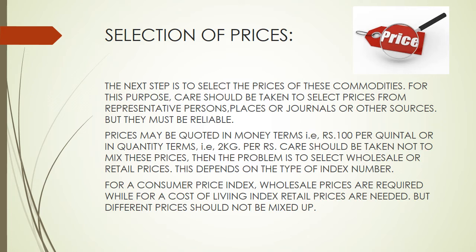But the cost of living is dependent upon retail prices. Like, we don't always buy at wholesale prices, right? Most of the time we buy at retail prices. So wholesale and retail prices are two different things, so they shouldn't be mixed up.